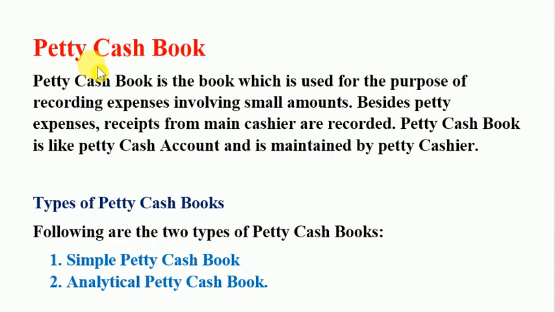If all these payments are made by the cashier and recorded in the main cash book, that means the single column or double column cash book, the cashier will be overburdened with the work and the cash book will become very bulky.